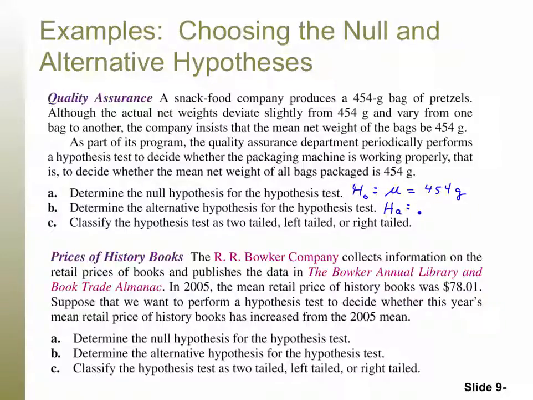So the alternate hypothesis would be that mu does not equal 454. And that could be too high or too low. So is that two-tailed, left-tailed, or right-tailed? Two-tailed.